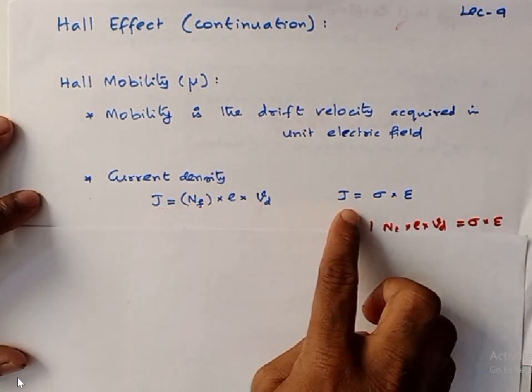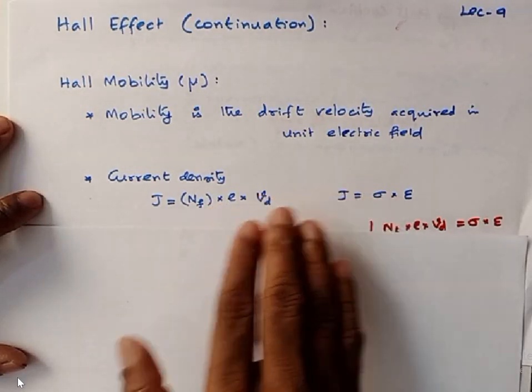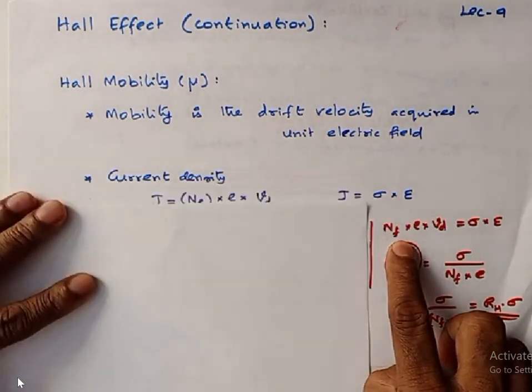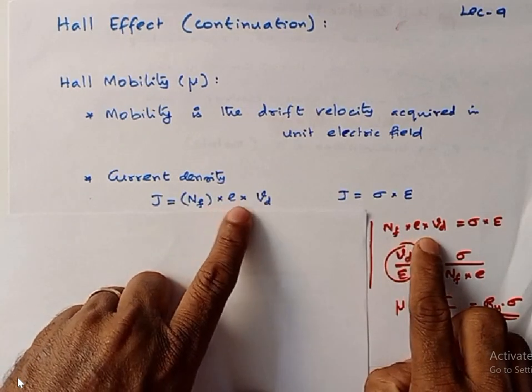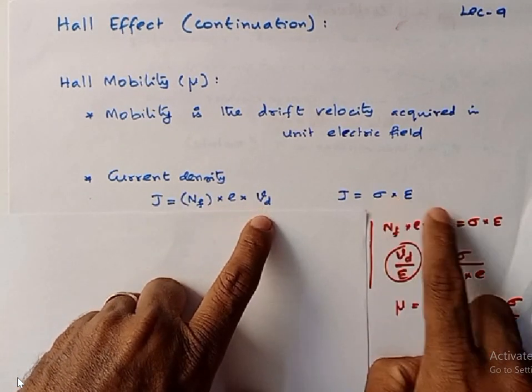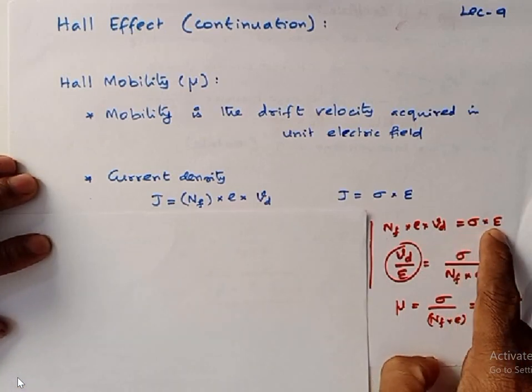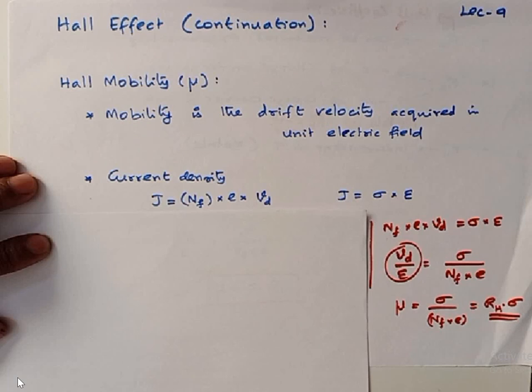Since these two J's are one and the same, if I equate these two, I will get an expression like this. What is that? Here the left hand side is N E VD, and the right hand side is sigma into epsilon. Sigma is conductivity, epsilon is applied electric field strength. Clear?